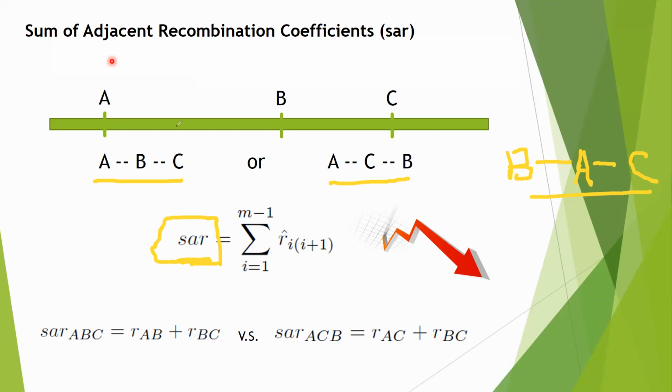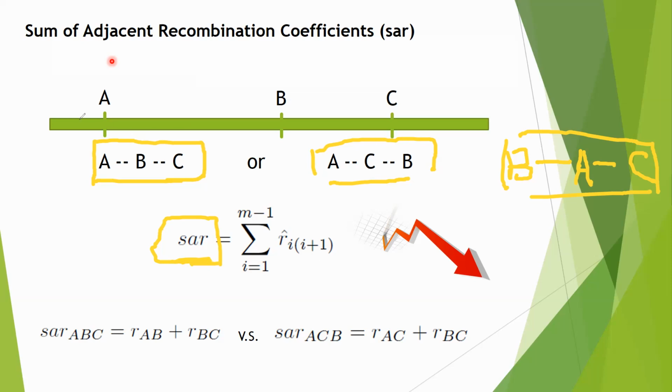Specifically, when we have the data from the backcross or F2 design, if we are dealing with three loci, we can calculate the SAR value for three possible orders like this, and then compare the three values. The smallest SAR value will define the right order.